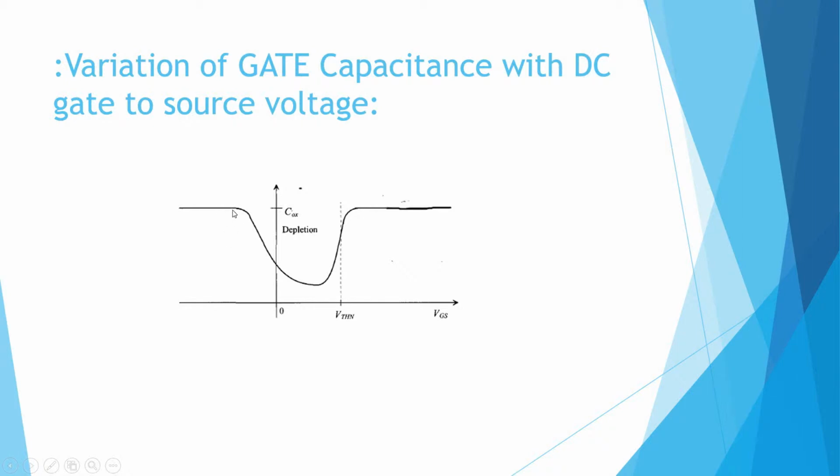Then, as you keep increasing the gate voltage in the positive direction, initially the depletion region of negative charges in the case of NMOS will be formed. As a result, the distance between the two plates of the capacitor increases, so the capacitance value decreases.